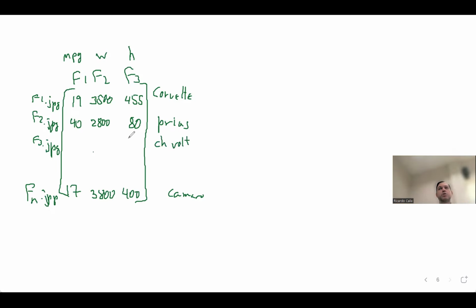What is the horsepower? 100, okay, I like that. What is the weight of it? 3,000, okay, good. And what is the miles per gallon? 42, 45, okay, perfect. We got it. This is what we need, right?